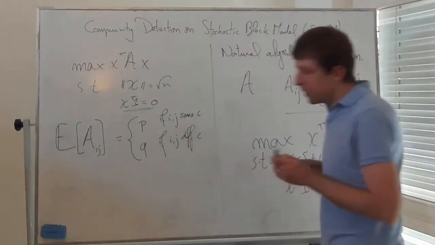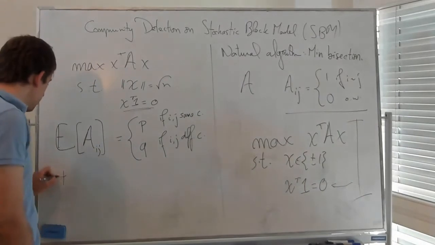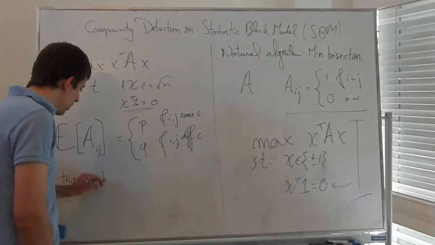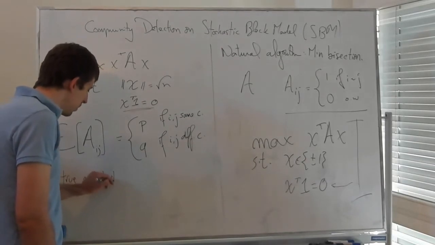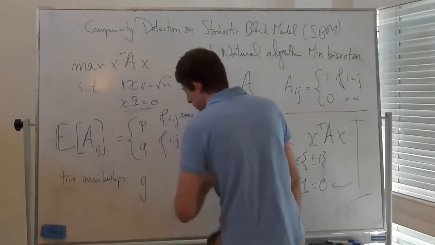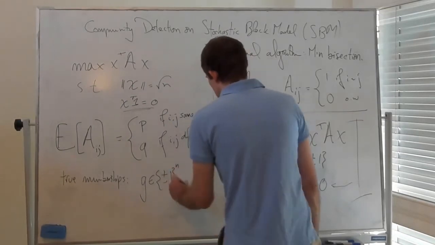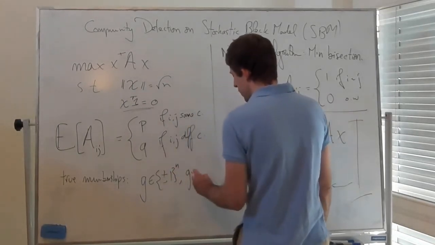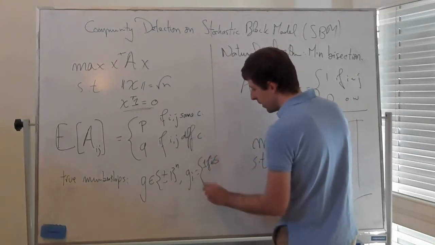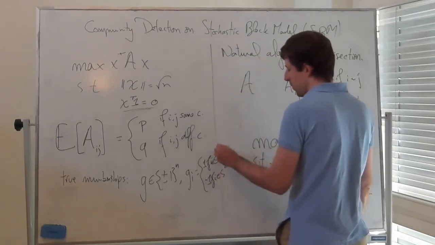Let's write the true community memberships as a vector G, which is plus or minus 1 to the n, where G_i is 1 if i is in, say, community S, and minus 1 if i is in community S complement.